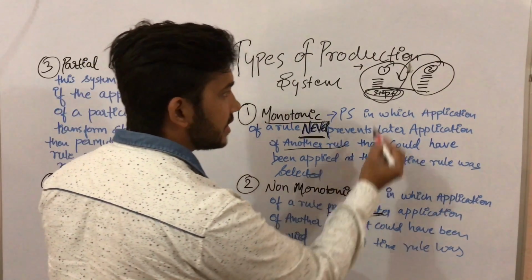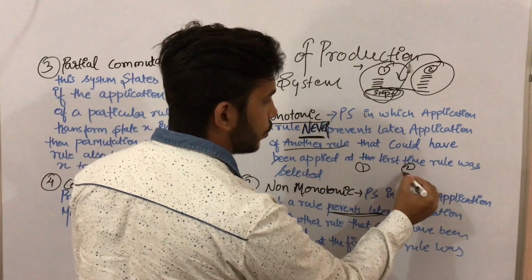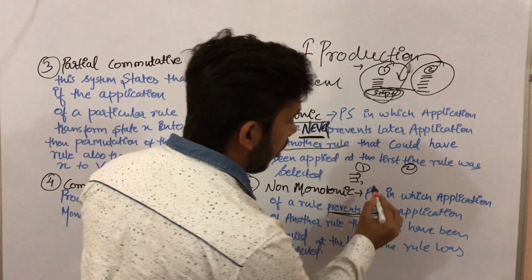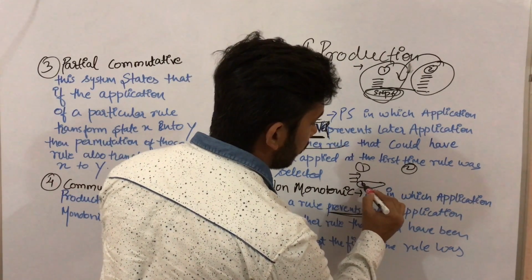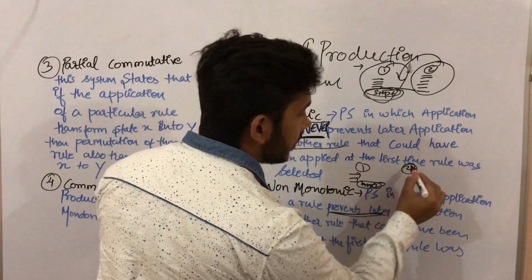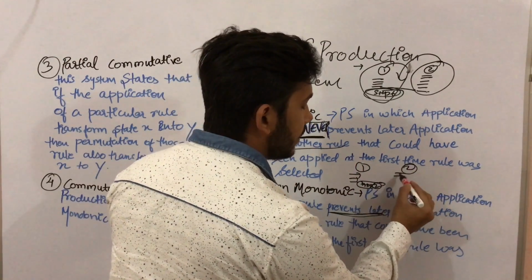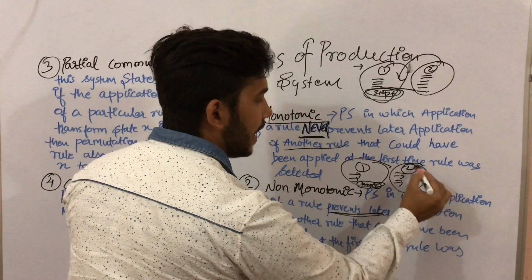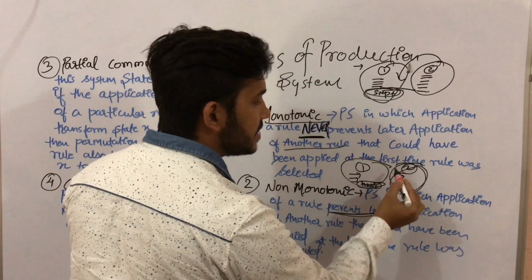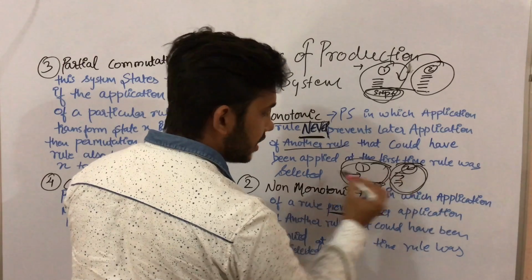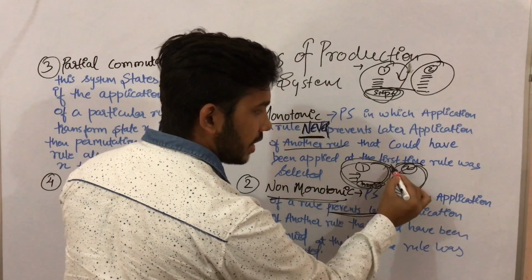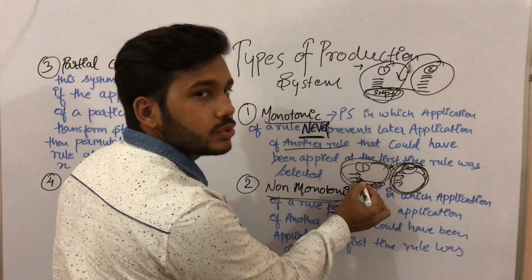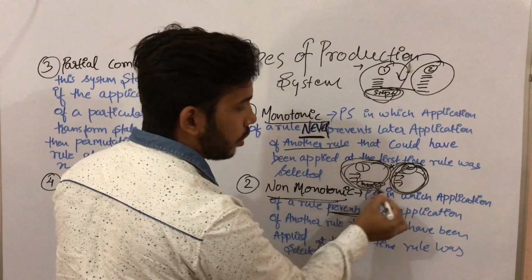Means suppose there were the same two rules, rule 1 and rule 2, and you have chosen rule 1 and moved forward to the third step, and now suppose application of rule 2 is required, then this production system will not allow application of another rule that could have been chosen at the same time when rule 1 was chosen.